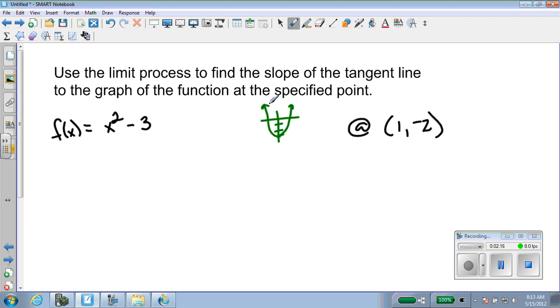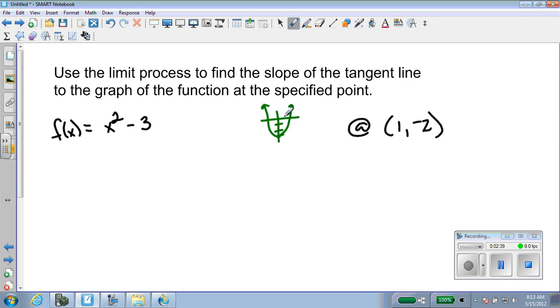So we could imagine that the tangent line at 0, -3 would be a little horizontal line. The tangent line anywhere along this side of the parabola has a negative slope. And the tangent line anywhere along this side more likely has a positive slope.